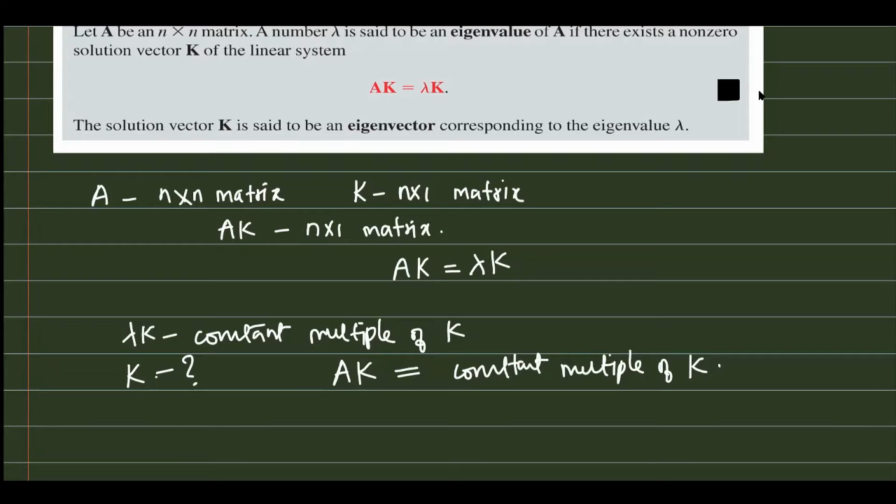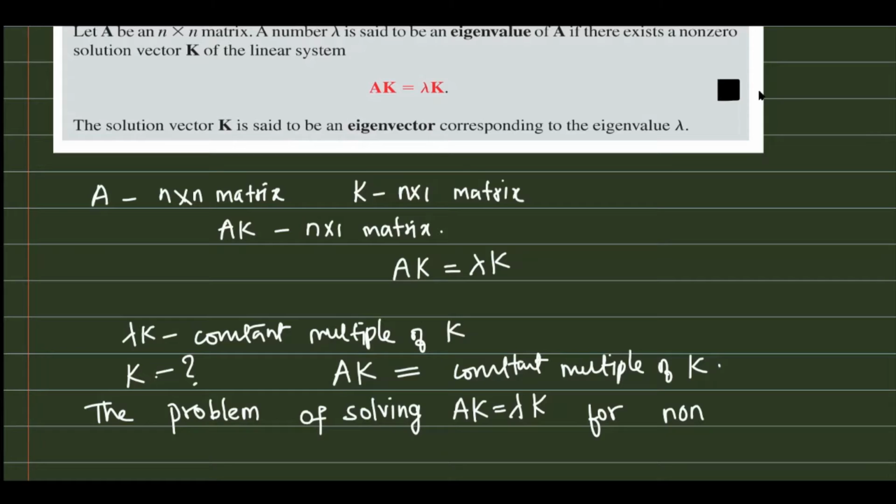So the problem of solving AK equal to lambda K, this we have to solve, for non-zero K. So we see that K should be non-zero, because if K equal to 0, what will we get?